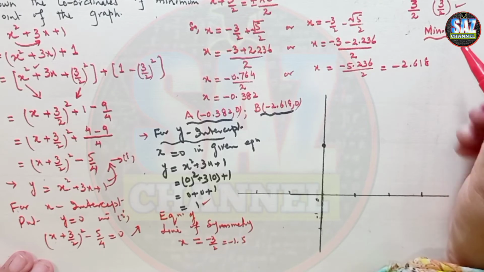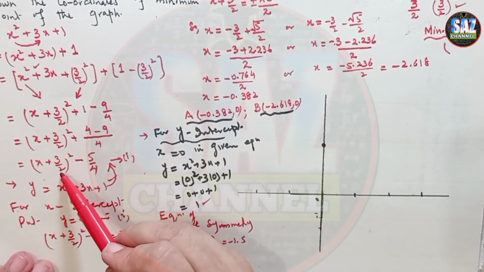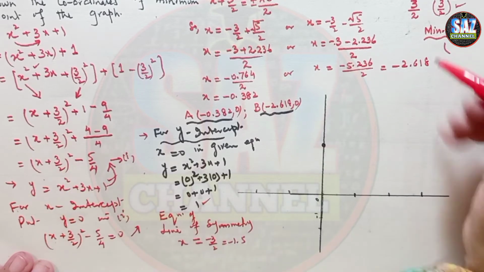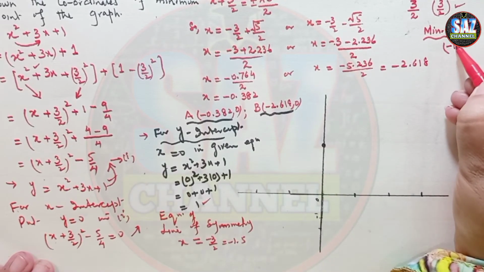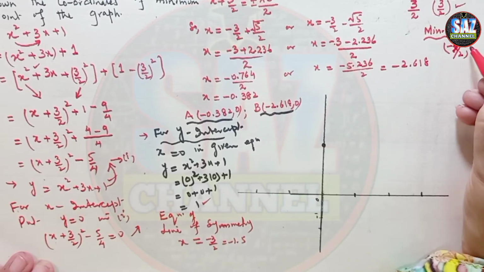Okay, the minimum point will be, look at this expression. This is minus 1.5 or minus 3 by 2, with minus y by 4.